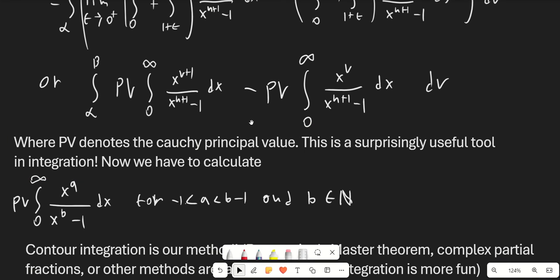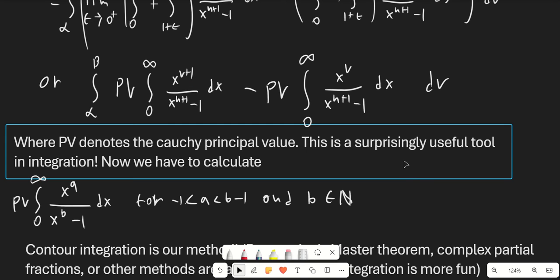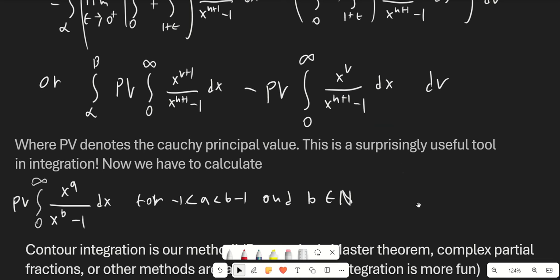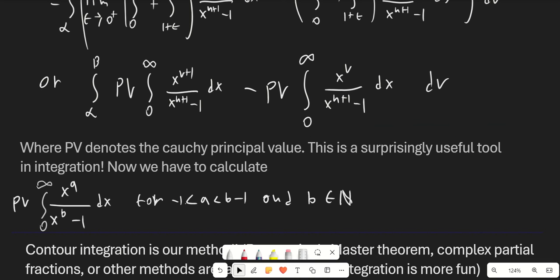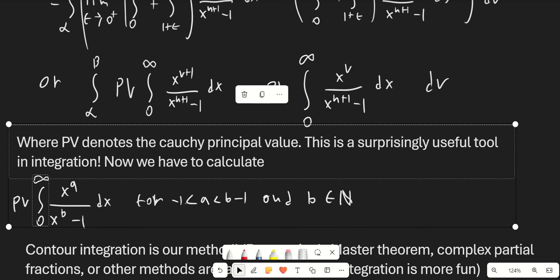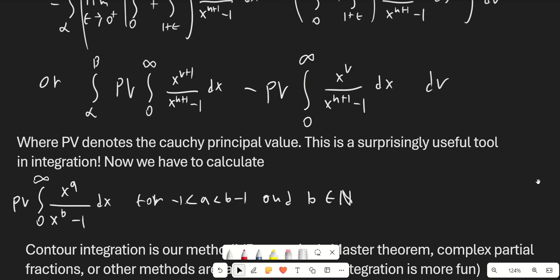But in this case, it actually tells us the exact value of our original integral. So, pretty interesting. However, now we are left with the task of evaluating this Cauchy principal value integral, which, again, we don't really know many tools for evaluating because it's not something that we usually end up doing.